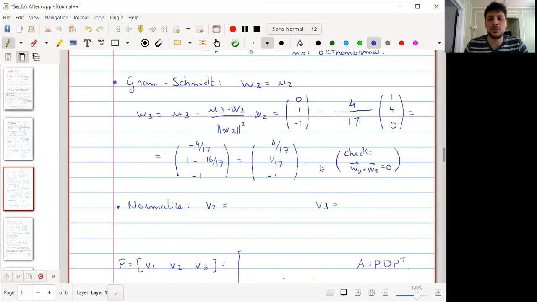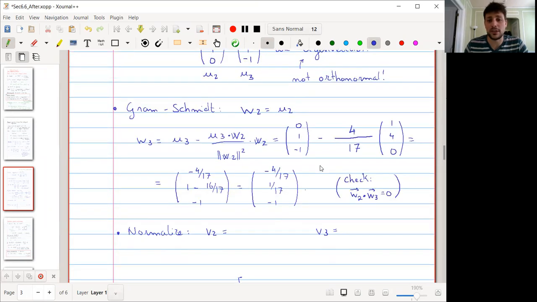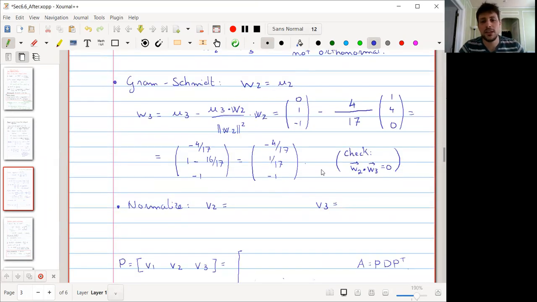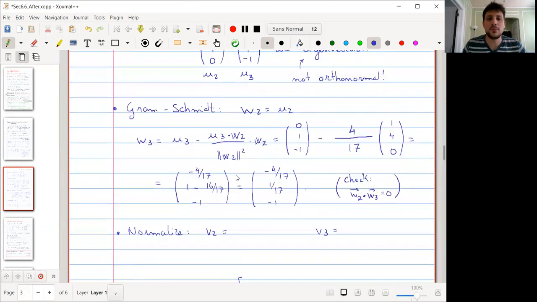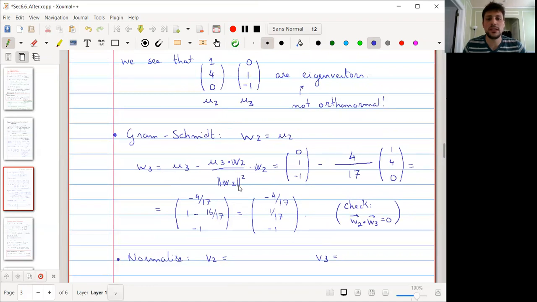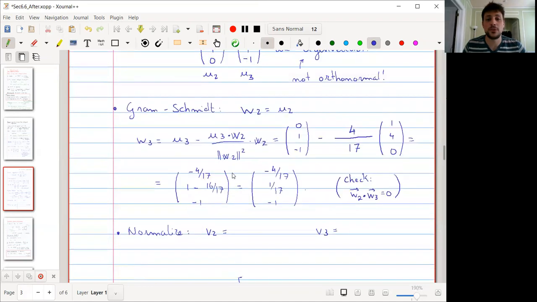The next thing we need to do is to normalize them. Let's see. So V2 will be my W2 normalized. We computed the length of W2 here. So this would be 1 over square root of 17 times W2, which is 1, 4, and 0.